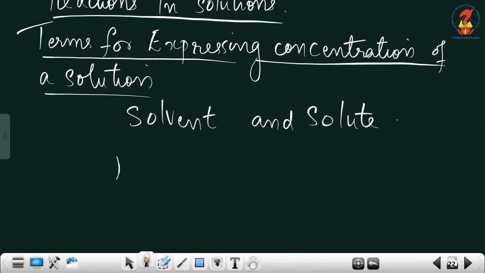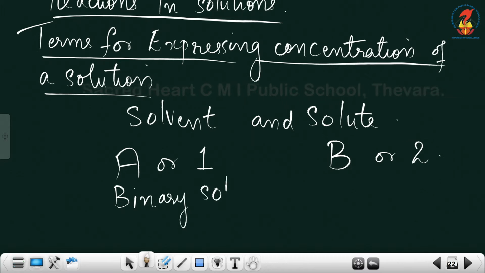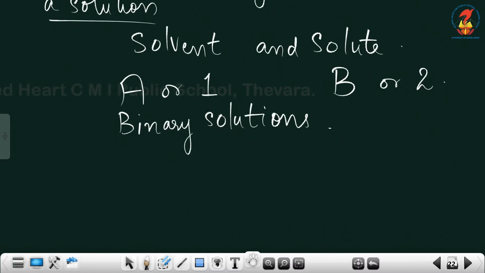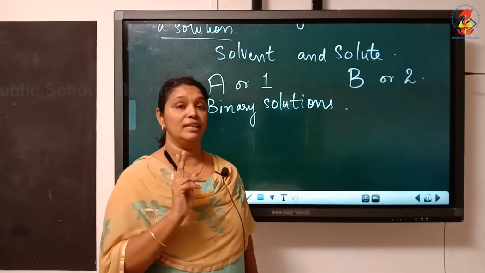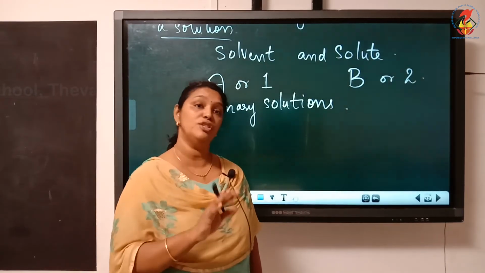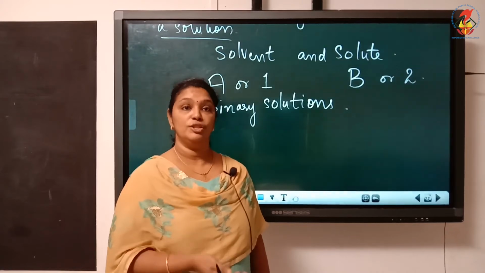Now, solvent is denoted by capital A or 1 and solute is denoted by capital B or 2. Now, what do you mean by binary solutions? Binary solutions mean solutions which consist of only two components, that is one solute and one solvent. That is a binary solution.